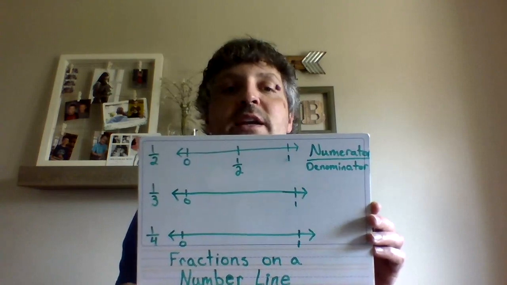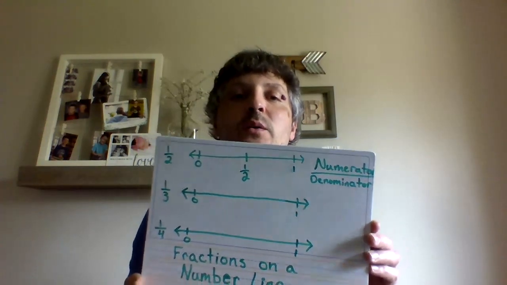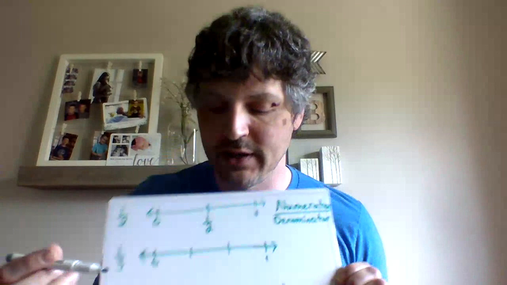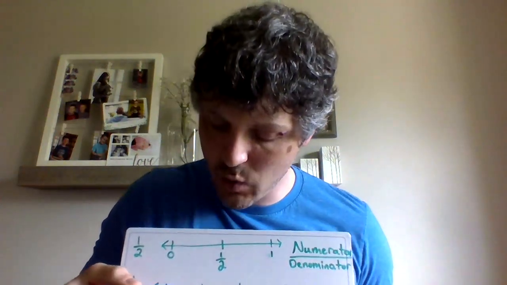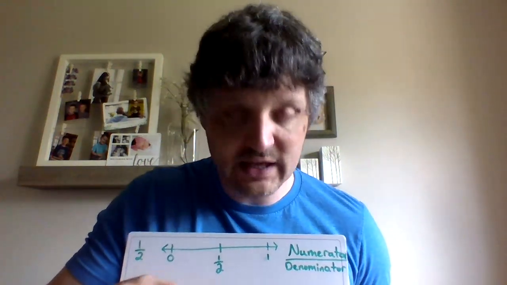For the second example, 1/3, my denominator is 3, so I have to split my line into 3 equal parts. This will take a little bit if you are practicing at home. Now I have it split into 1, 2, 3 equal parts.